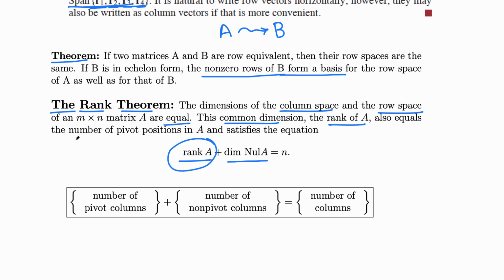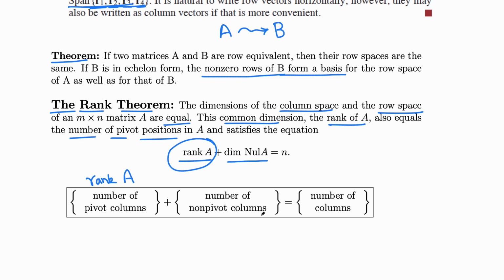So that is also equal to the number of pivot positions in A. Number of pivot positions, that could be row or column pivot positions. Generally we looked at the row pivots. Okay, so in general we can write in this way: number of pivot columns, that's the rank. Number of non-pivot columns, that gives us the null space, right? That gives us the basis for null space.